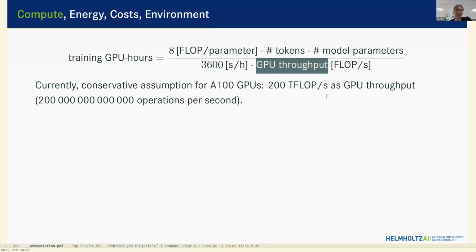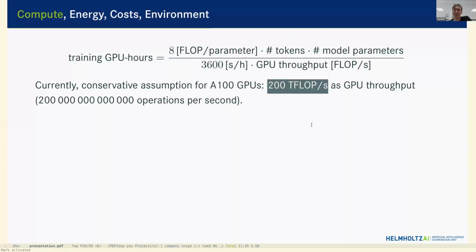And as a conservative assumption, and to give you an idea of how crazy these GPUs are these days, the A100, which we also use in our biggest supercomputer here, and to be fair, it's 4,000 of them, a single one of these does 200 teraflops per second of numerical operations.